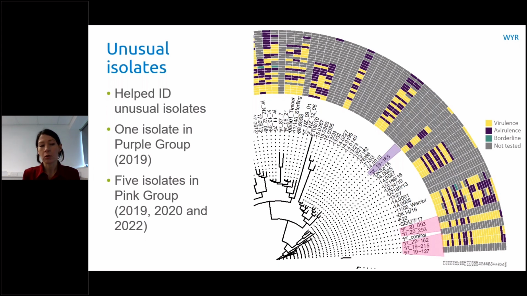So we had 2 from 2019, 2 in 2020, and just the 1 in 2022. The pink group, you may remember, is called the warrior group. On that diagram, you can see that our original warrior race, which was isolate 1108 for warrior, did fall into this pink group. So it's like they've all lumped into that one area on the phylogenetic tree.